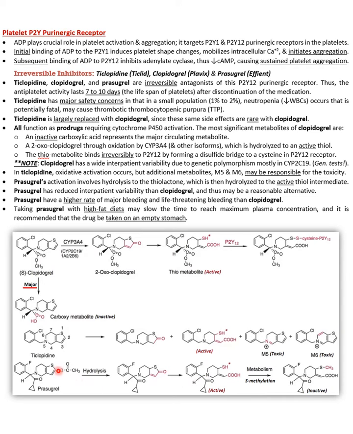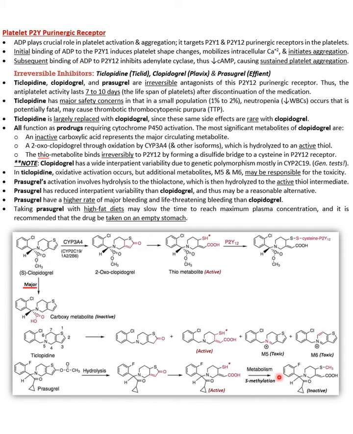Yes, so hydrolysis here occurs first because this is an ester, and then oxidation results in the 2-oxo form, which then gives this form, the active form, and just like the other two, it binds with the cysteine amino acid residues at the binding site of this receptor, and forms a covalent bond, irreversible bonding, like the other molecules.